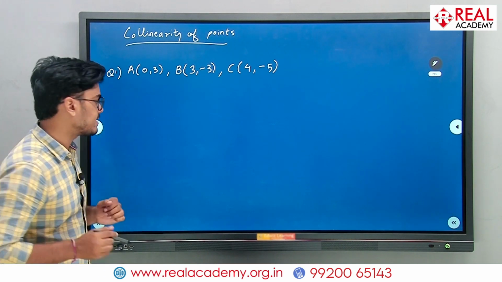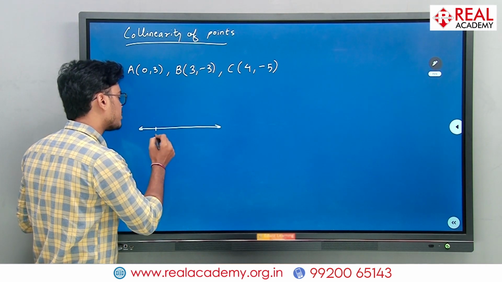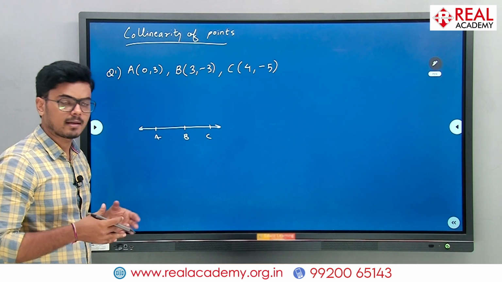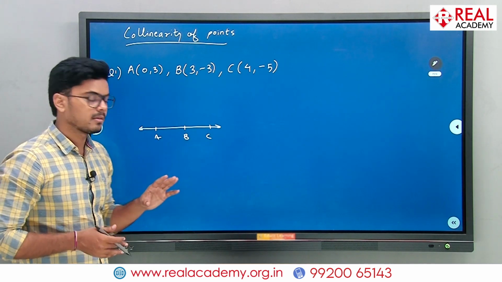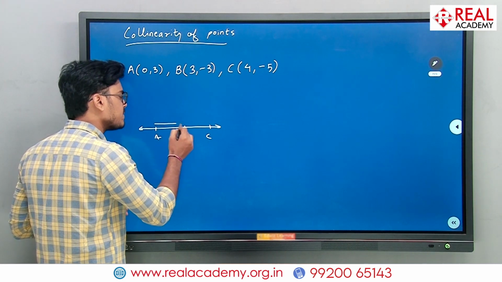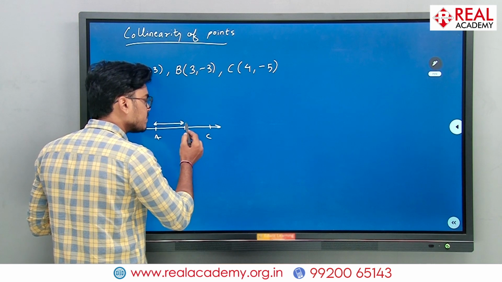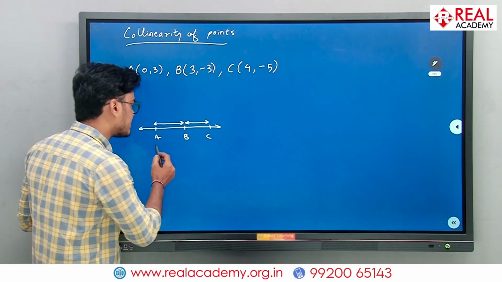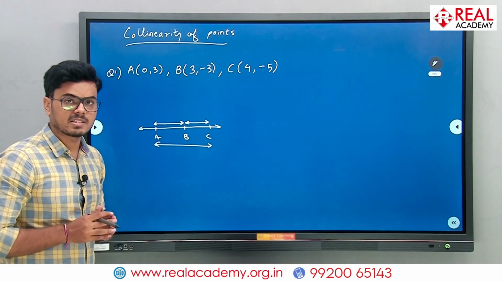So how this works is like this. Suppose this is the straight line on which point A, B and C will lie if we check it to be correct. So if these three are on the same straight line, that means the distance between AB, when we add it to the distance between BC, it should be equal to the distance between AC. I'll repeat once again.